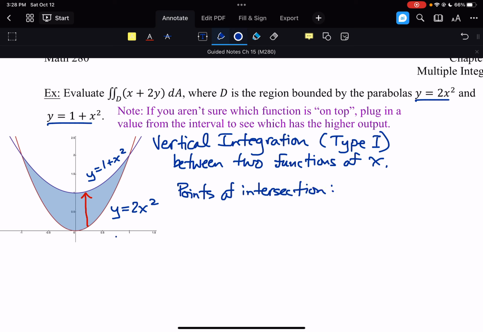And again, imagine you don't have the graph here. So we would go ahead and set these equal to each other. So we get x squared equals 1. So x is plus or minus 1.